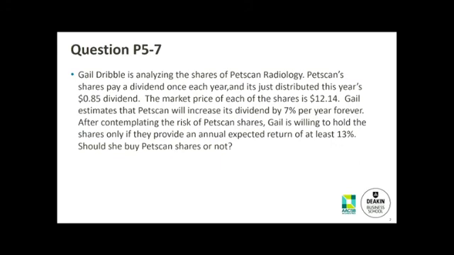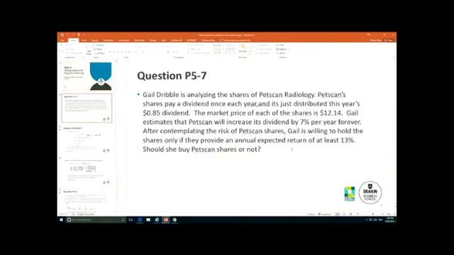Let's do the calculation. Share price is equal to D0 times 1 plus G divided by R minus G. For those who do not remember the equation, that's okay. Do you agree?